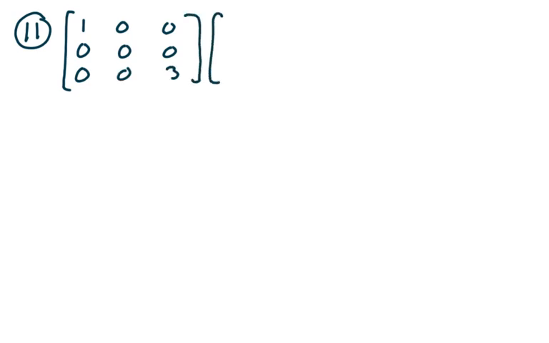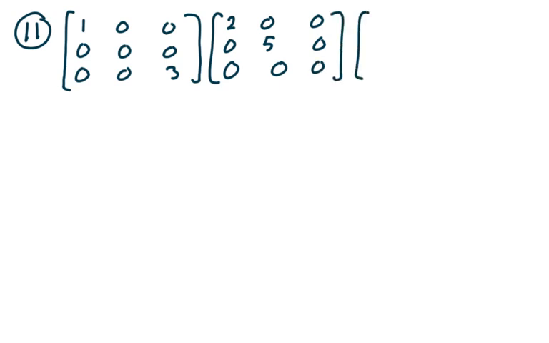And I'm going to multiply by 2, 0, 0, 0, 5, 0, and then 0, 0, 0. And then I'm going to take that and multiply by 0, 0, 0, 0, 2, 0, 0, 0, 1. And I'm literally just going to go in that order.